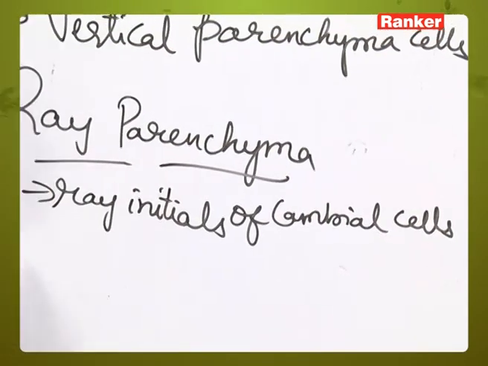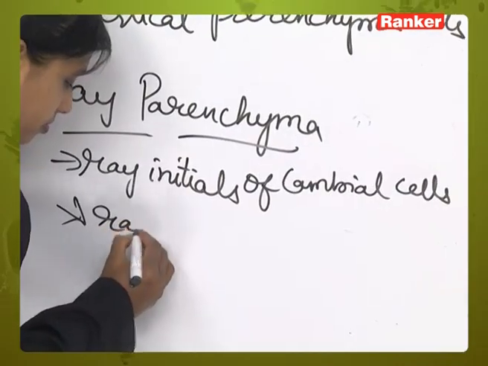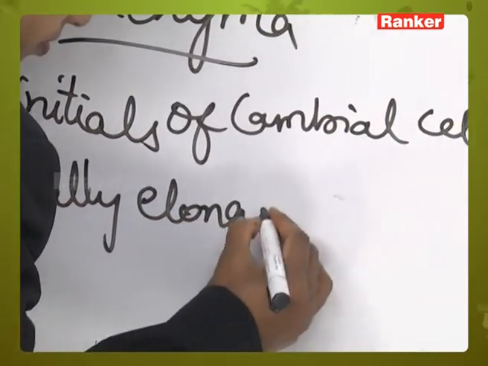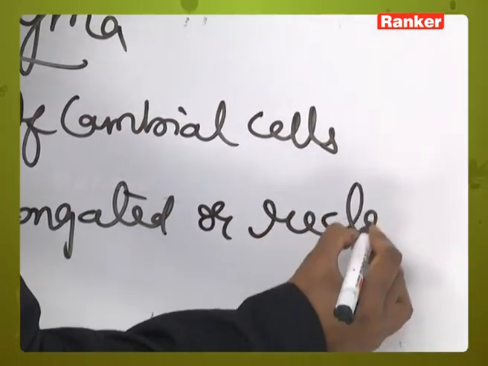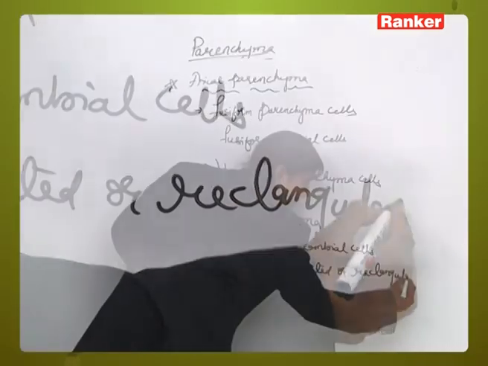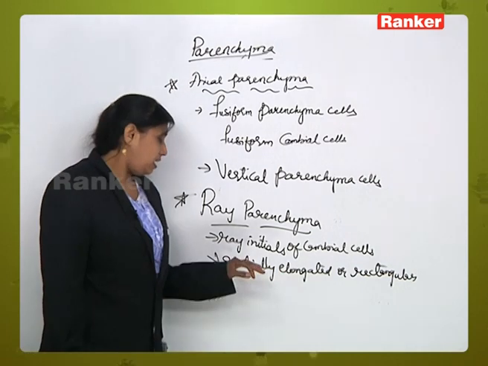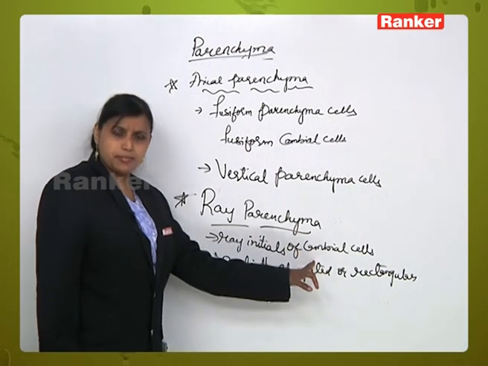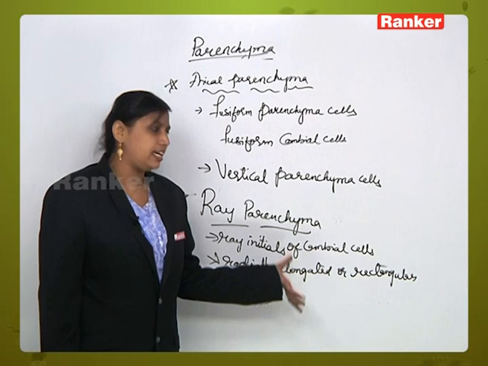These cells are radially elongated, or they may also be rectangular in shape.